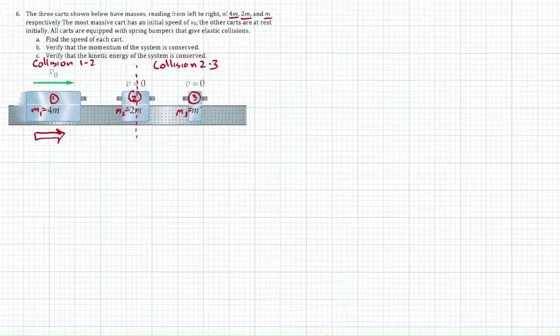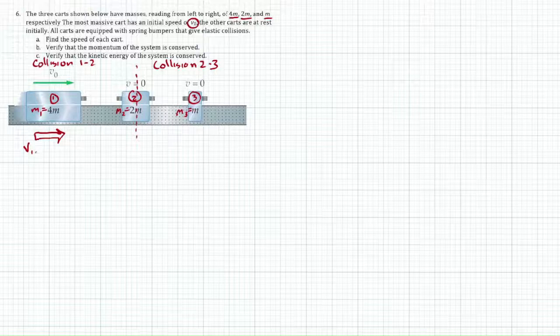Some of you who like plugging numbers in right away might be a little bit frustrated, but bear with us here. You can manipulate 4m, 2m, and m just as well as you could manipulate 4, 2, or 1. And we're also told that the largest cart, cart 1, has an initial speed of VO.